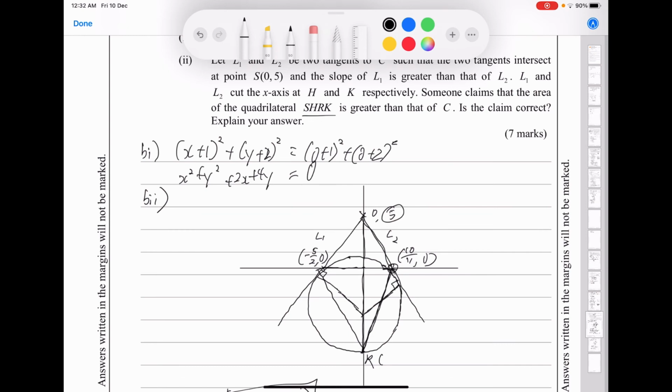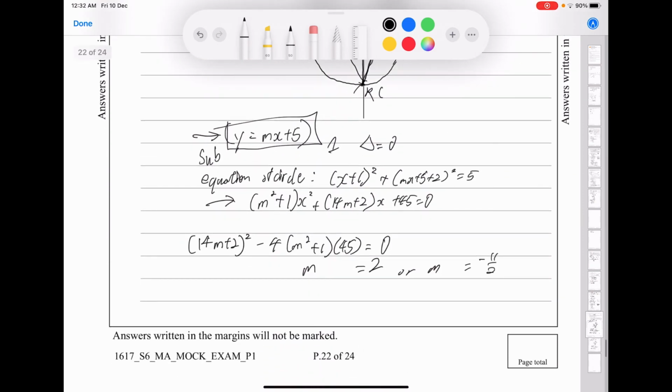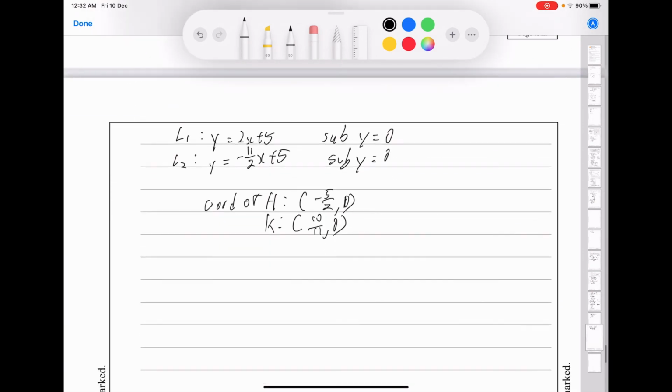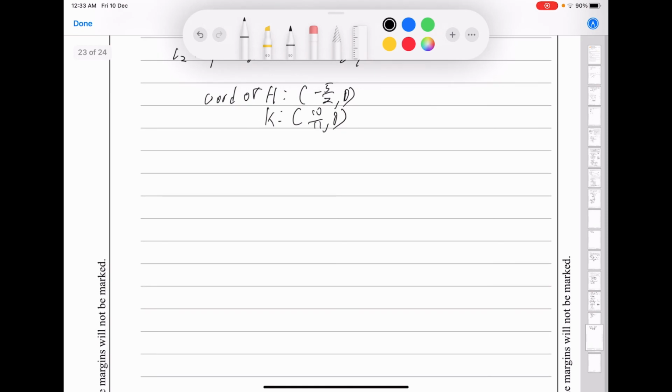Just two triangles. So, it's actually quite easy to find. However, before that, we need to find the coordinates of R. How do we find the coordinates of R? You can find it by a few ways as well.